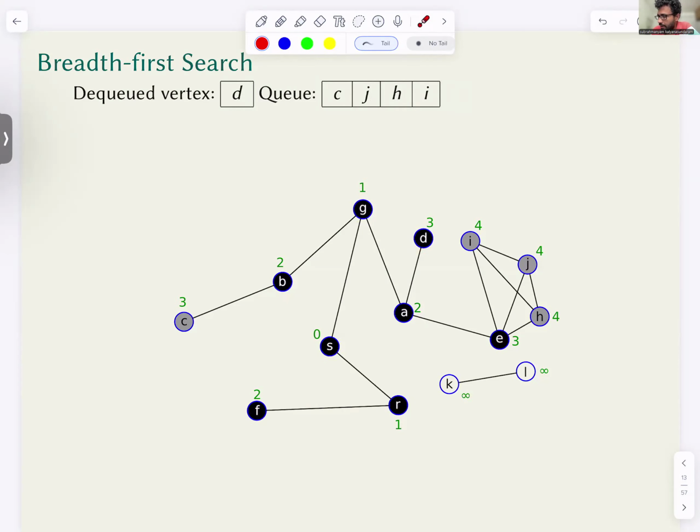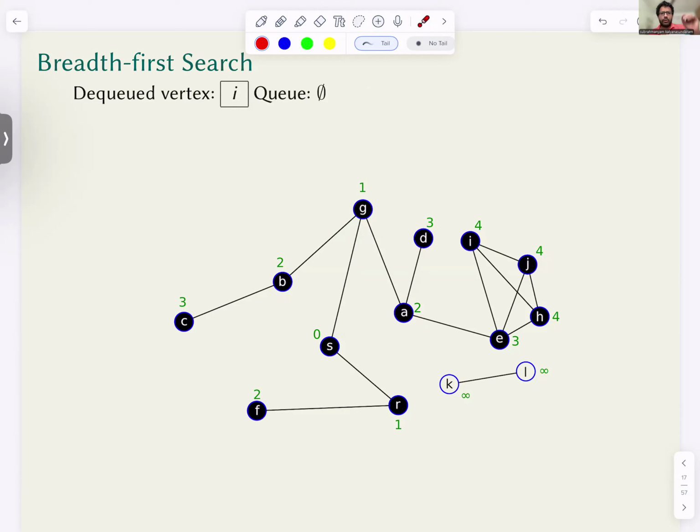Next you will DQ C, C will become black. Next you will DQ J, and again J's neighbors are I and H and E. All of them have been discovered, so there is nothing. We'll just DQ J. J becomes black. H becomes black and DQ'd. I becomes black and DQ'd. So now the queue is empty, right? And that's the end of the algorithm, or the end of the process.